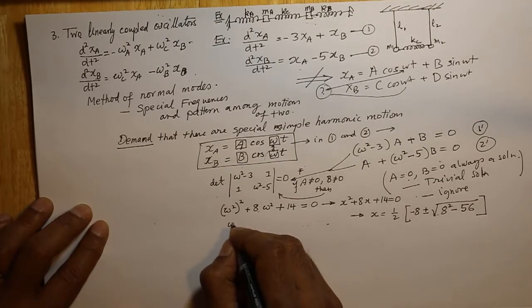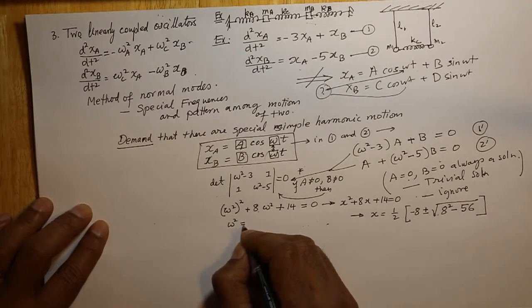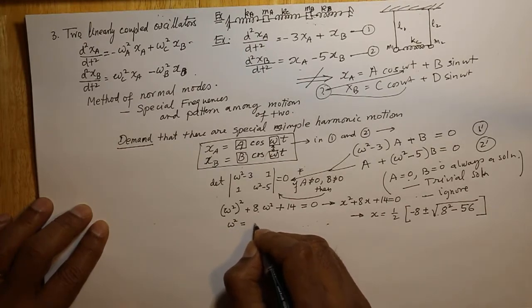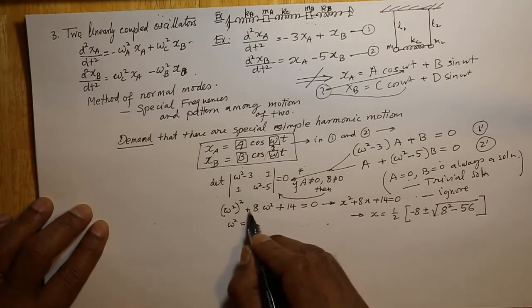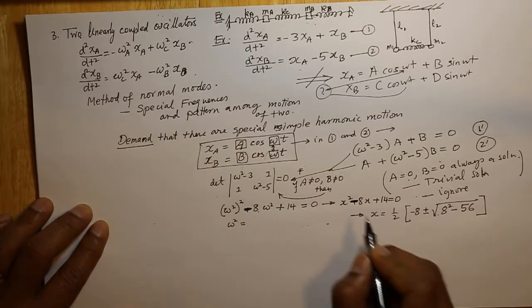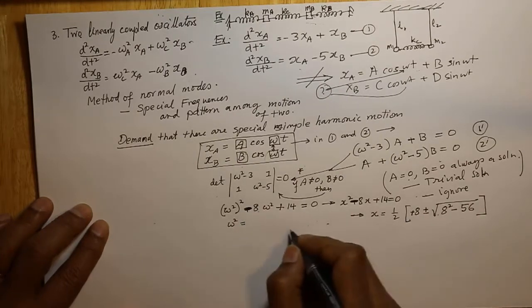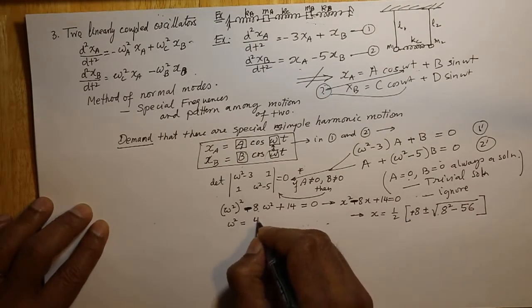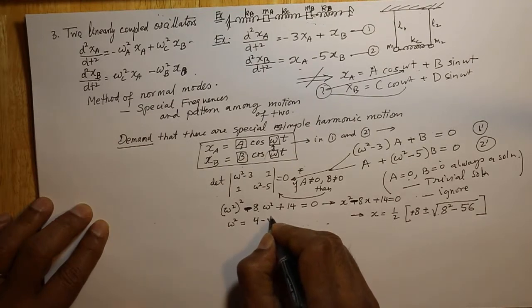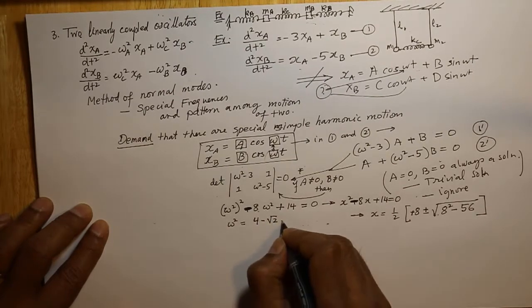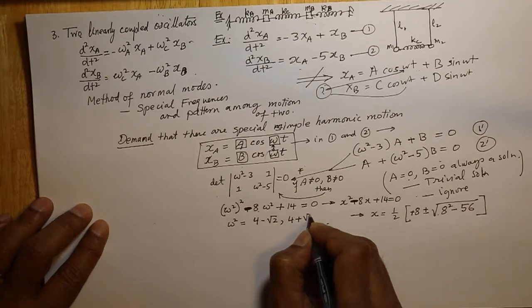Mistake over there. So omega squared is going to be two values: 4 minus square root 2 and 4 plus square root 2.